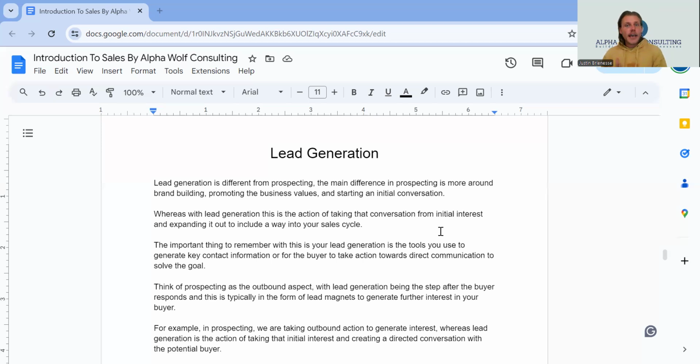and then the presentation stage, and then overcoming the objections, then closing. So you sort of see how we start prospecting, then we do lead generation, then we qualify, then we present, then we overcome objections, then we close the deal.